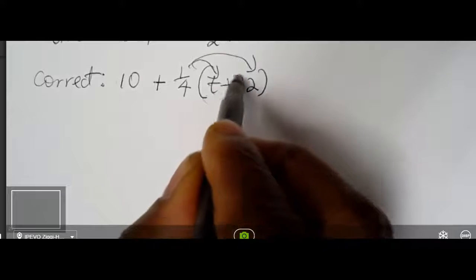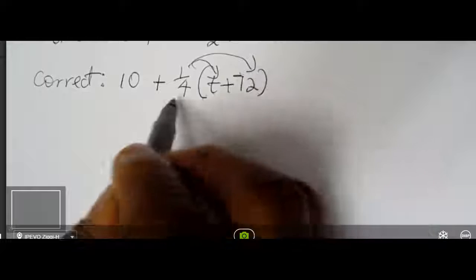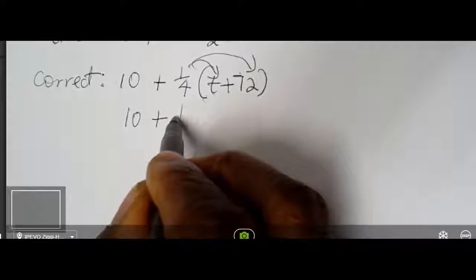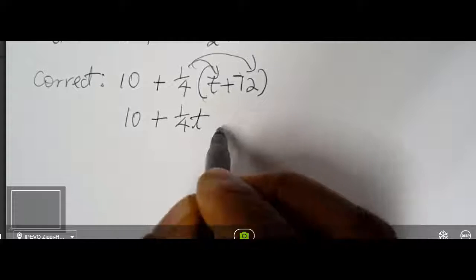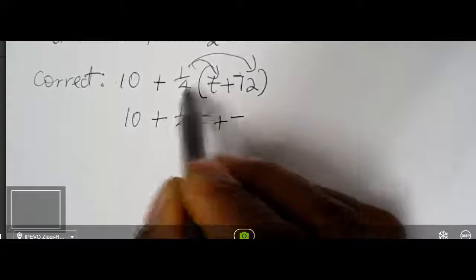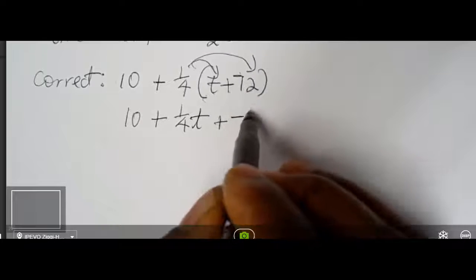Change the subtraction to addition and change this to -12. So that's going to be 1/4 T plus, this is positive times negative, so 4 can cross out 12, you get 3.